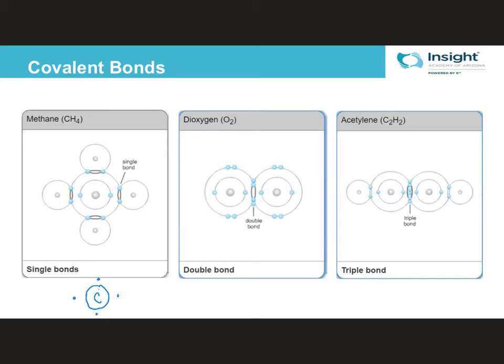And then you've got hydrogen, which has 1 valence electron. So these guys can come together and share their electrons.